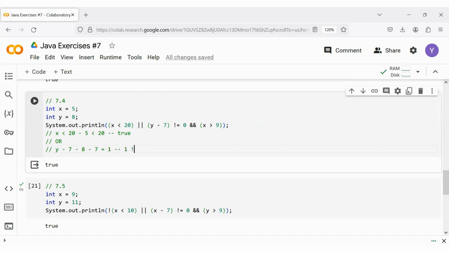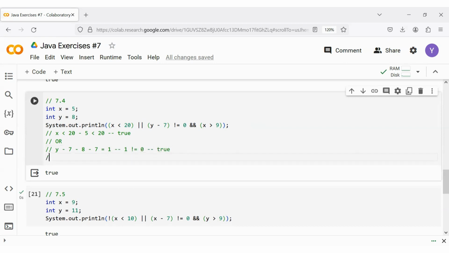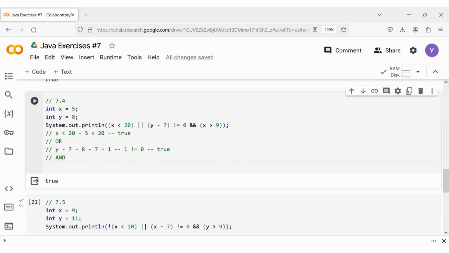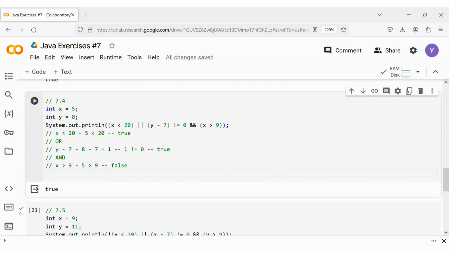And 1 is not equal to 0, so in this case, this is true. Then I have the AND operator, and after that, I have x greater than 9. My x is 5, and 5 greater than 9 is false. So it turns out that I have true or true and false.